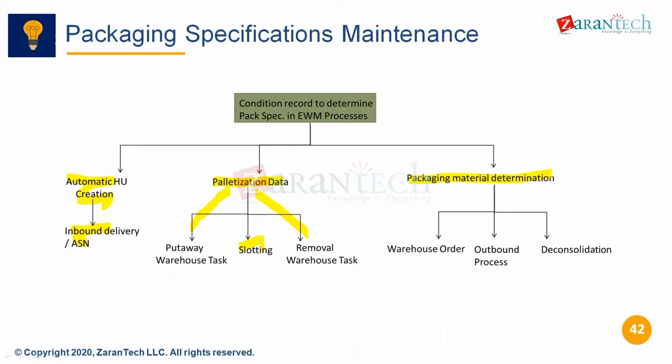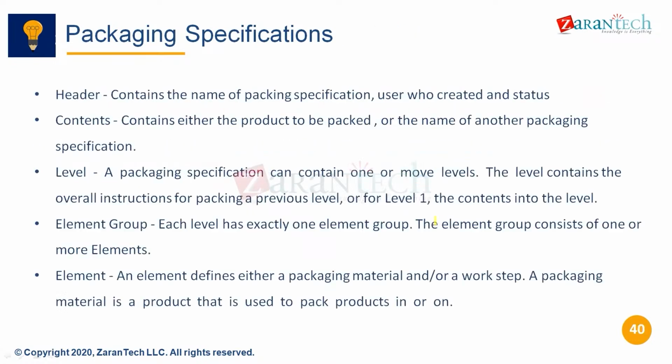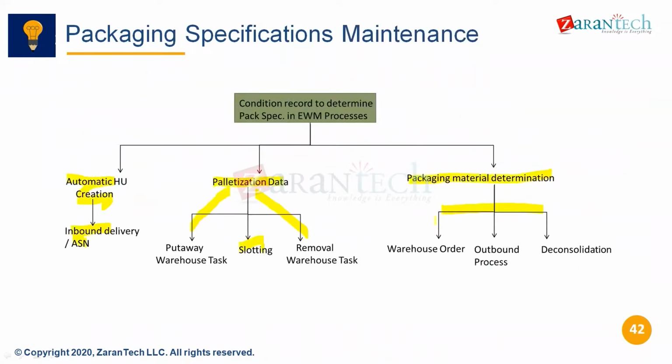So I can tell the system to determine a packaging material for me in the outbound process or during picking. Basically these are the three processes. Whenever a delivery is created, we say that the quantities have to be shipped into a container.